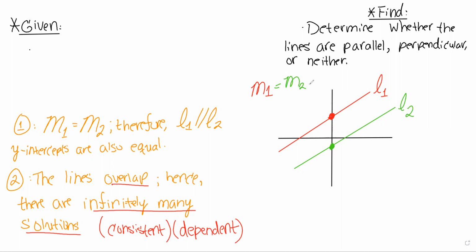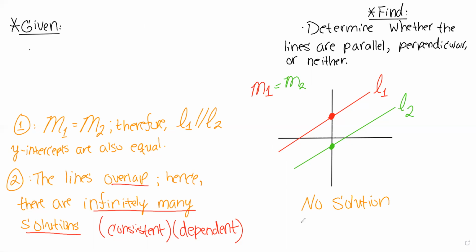Well, parallel lines will never intersect. So we can conclude that these lines will never cross, and therefore there's no solution. The system of equations has no solution when M1 equals M2, but the y-intercepts are not equal.